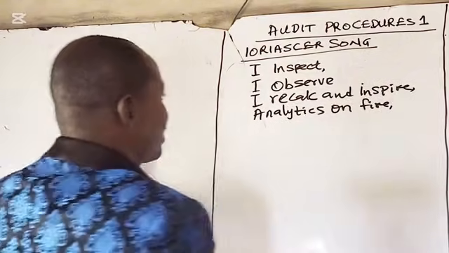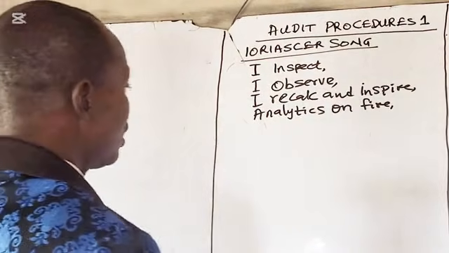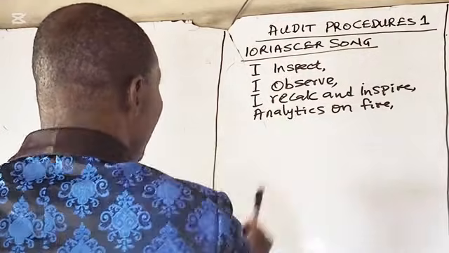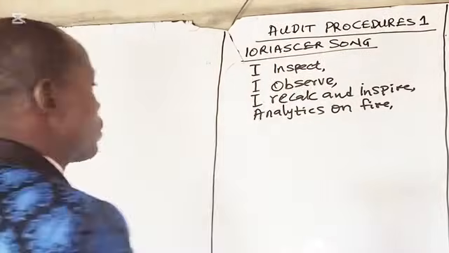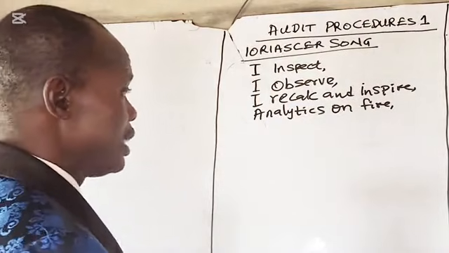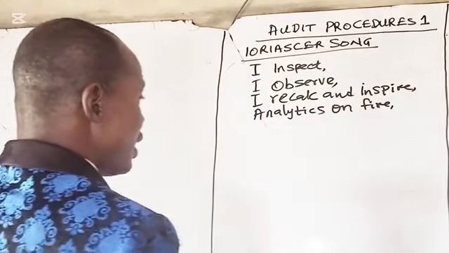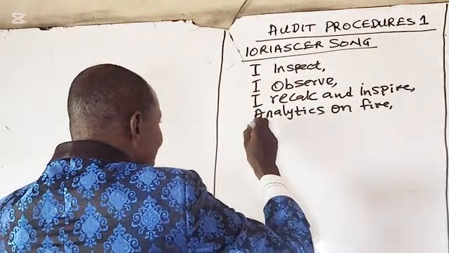After we have sung the song together, I will then use it to explain how we can deduce all the 9 audit procedures we've explained earlier. Analytics on fire, then scanning taking me higher.